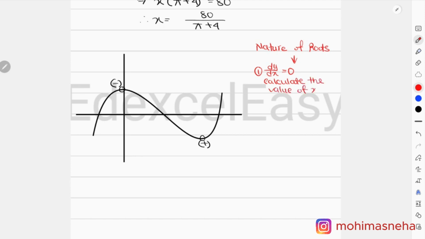Using the differentiation dy by dx equals 0, you calculate the value of x. And after this, you input this x into the equation for your double differentiation.